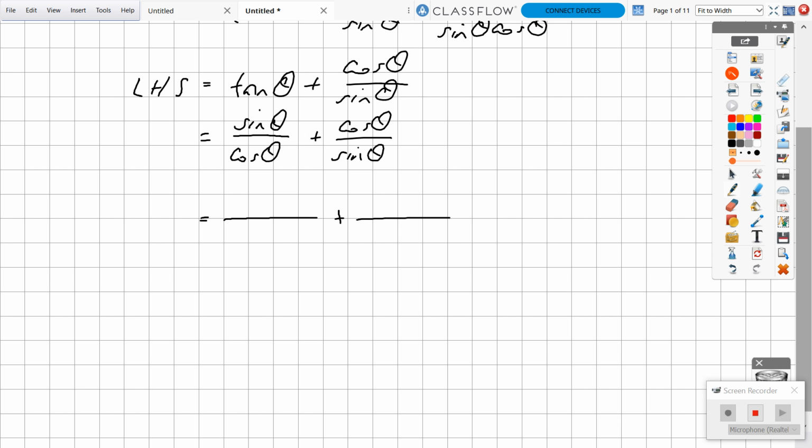Okay, best common denominator here is going to be sine theta cos theta. In the first fraction, I've multiplied the denominator by sine theta, so I do the same to the numerator. And in the second fraction, I've multiplied by cos theta, so I do the same to the numerator.